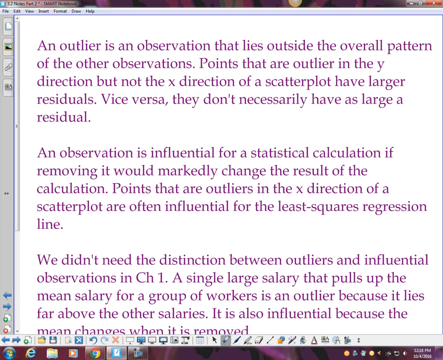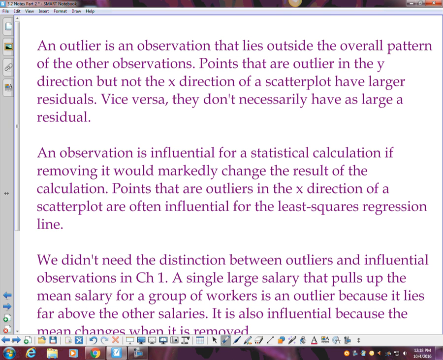Vice versa, points that are an outlier in the x direction, that's child number 18, don't necessarily have as large a residual because he's closer to the line, because he's pulled the line towards him.